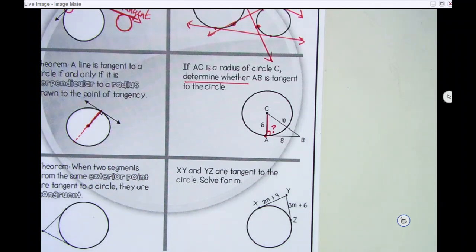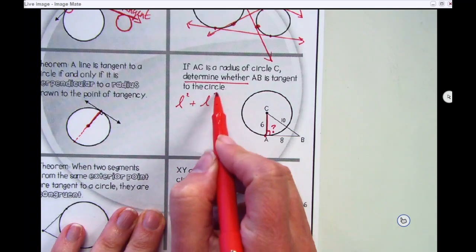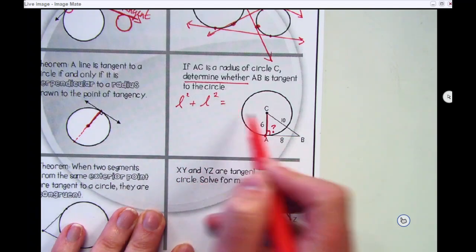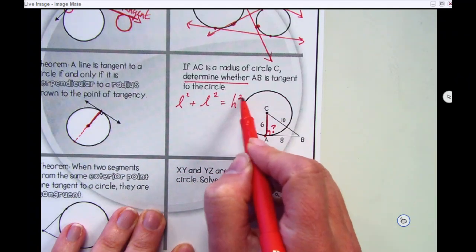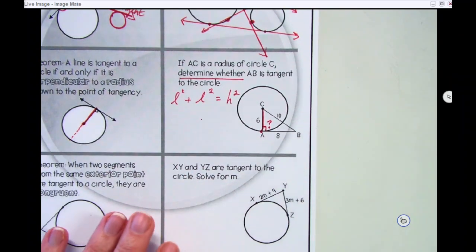Friday, we had a method of determining if something was a right triangle or not. Megan, your hand was up first. What did we do? We took the legs A and B, and then we added them together. So in this example, it would be 8 squared plus 6 squared. We're going to see if the leg squared plus the leg squared equals the hypotenuse squared.